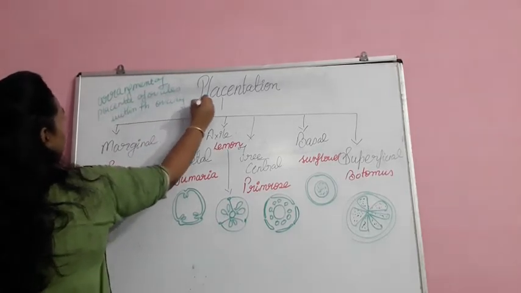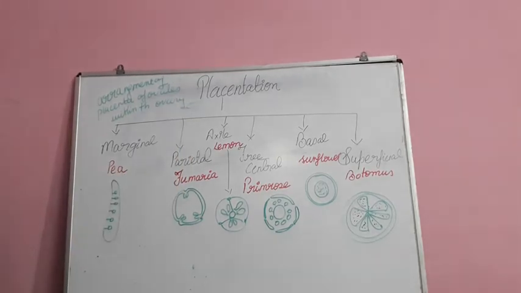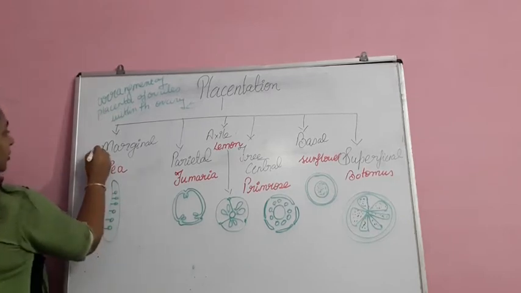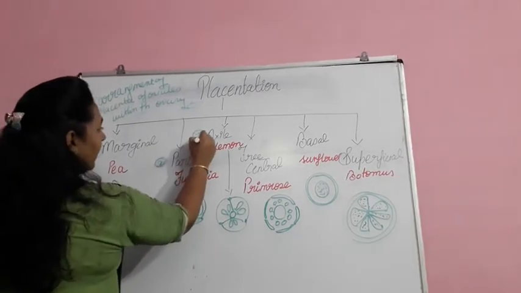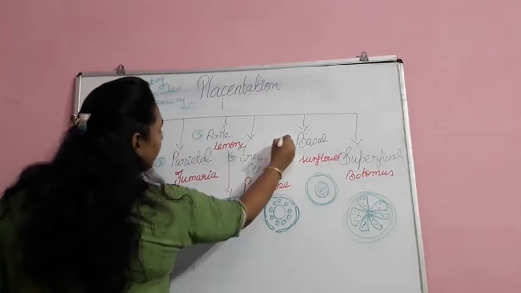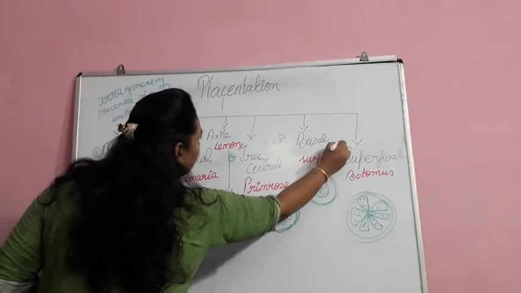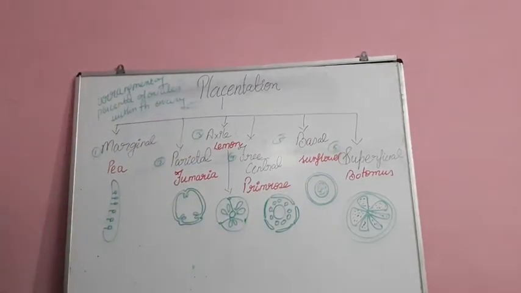On the basis of the arrangement of the placenta inside the ovary, it is of different kinds. Let us start with all of these. First we have to see marginal, then parietal, then axile, then free central, then basal, and at last superficial.